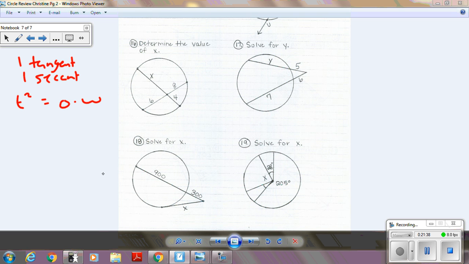So the tangent in this case is x squared because it touches the circle once. That's what tangent means, touch the circle once. And the secant is this one because it touches twice. And the outside would be 300. The whole would be 9 plus 3, so 1200 or 12,000.